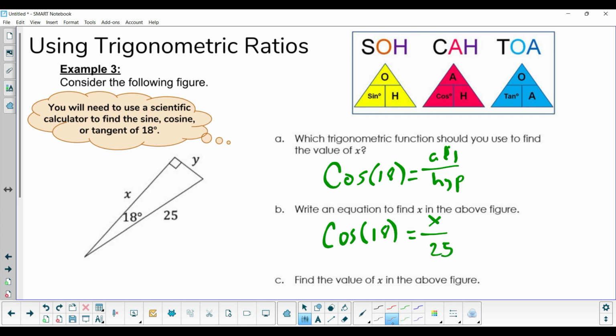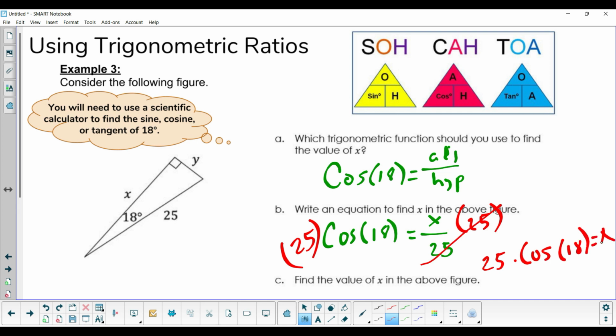And then what you have to do, you have x over 25, 25 is being divided, so I need to multiply by 25 on both sides. This cancels, and then you have the same thing, 25 just in a different order times the cosine of 18. Exactly the same thing we had before. So we're cutting these steps, and we go directly to that multiplication.